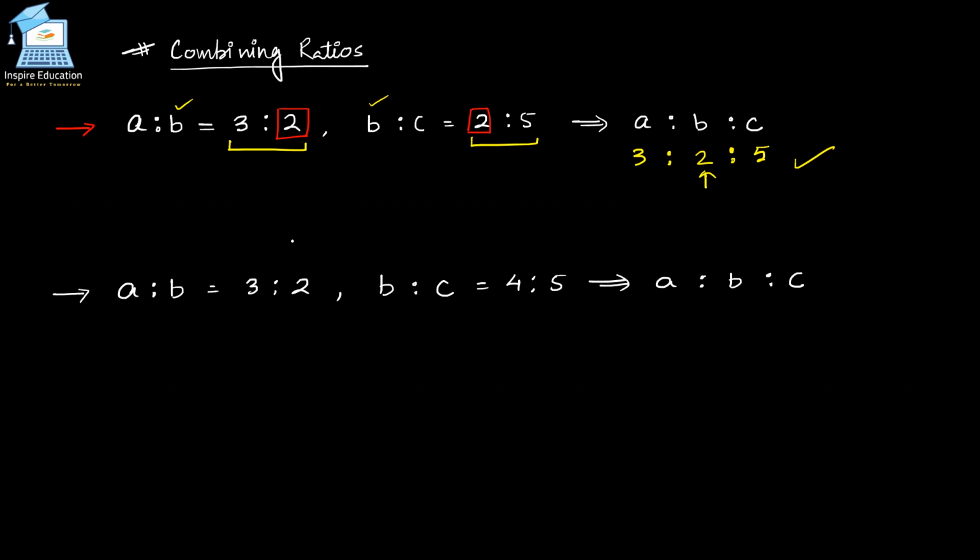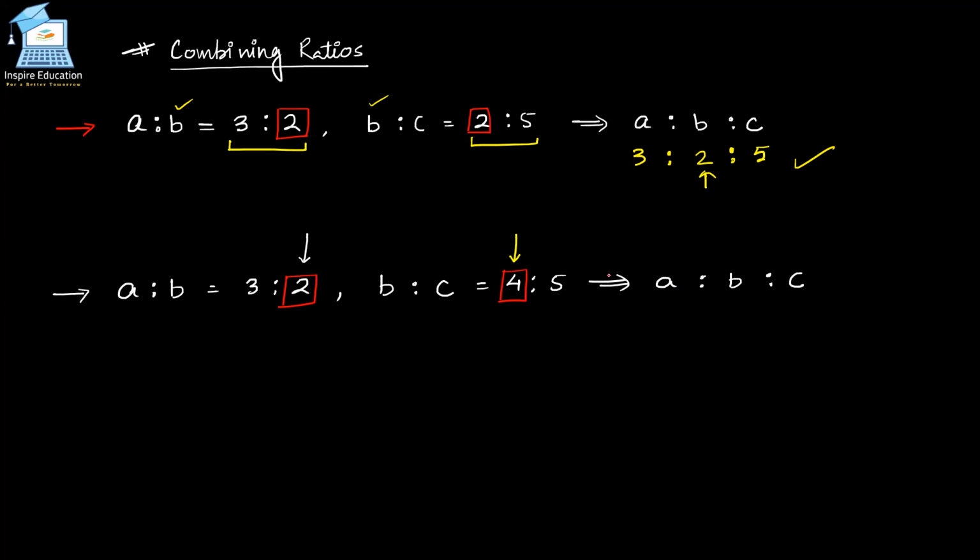What is the value of B over here? This is 2. And what is the value of B over here? This is 4. So these two values are dissimilar, so we cannot write a single value for B, but B has to be equal.